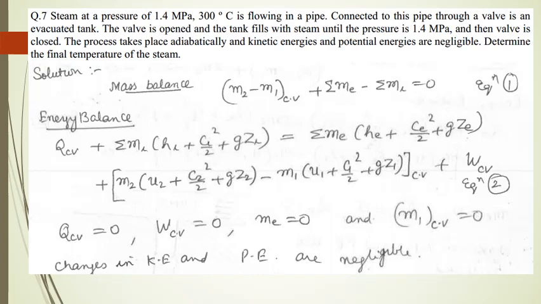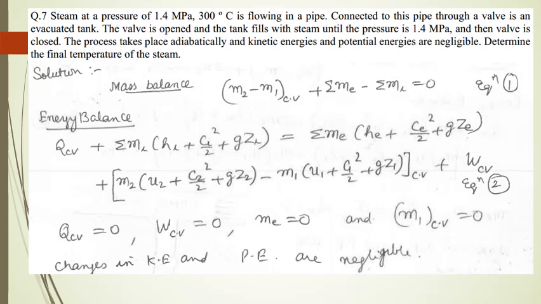Now the valve is open. So what will happen? Steam will flow into the tank. And up to what condition the steam should be allowed to flow in this tank. So basically that is given until the pressure is 1.4 megapascal. Then valve is closed. And this process takes place adiabatically.